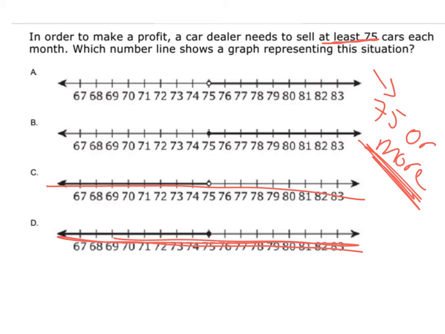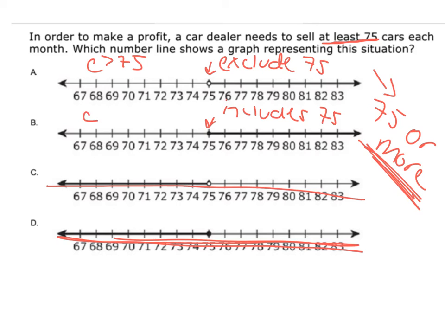So now the question is, do we want to include the 75 as a possible answer or no? Because A has an open circle, which would exclude 75. B has a closed circle, which includes 75. So A essentially is saying that the car sales would be greater than 75.